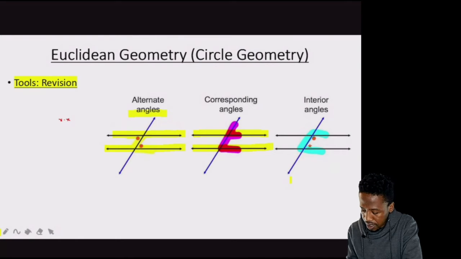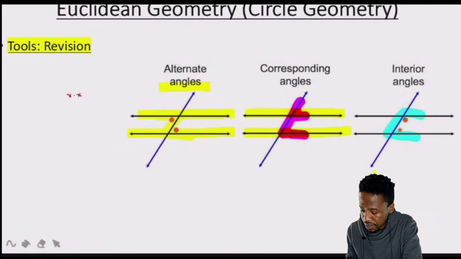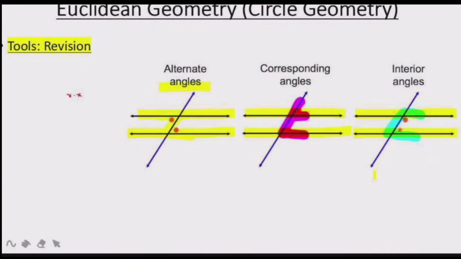And we have co-interior angles, angles that are inside the parallel lines. If these are my parallel lines, the angles marked with a circle and a star would be supplementary, and they would equal 180 degrees.